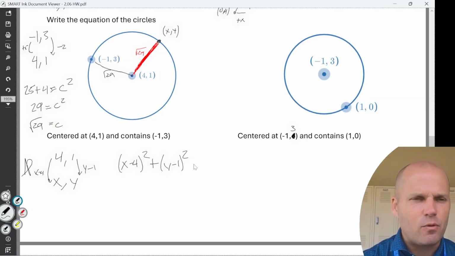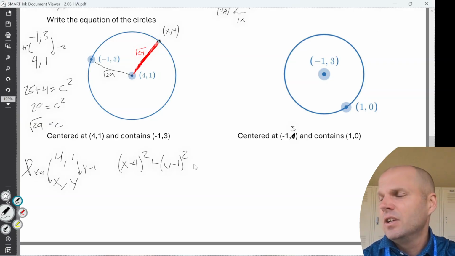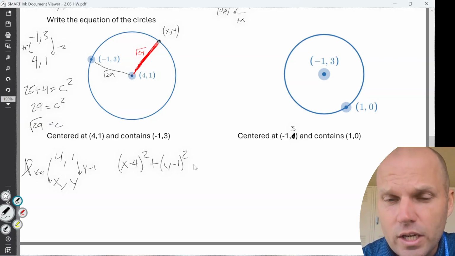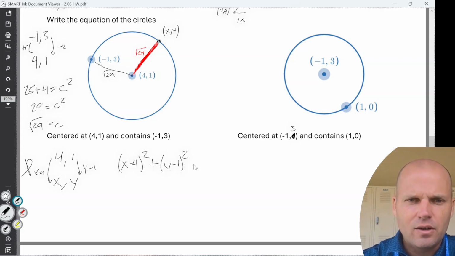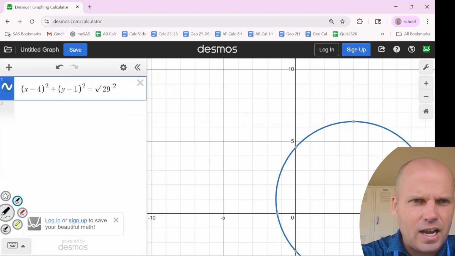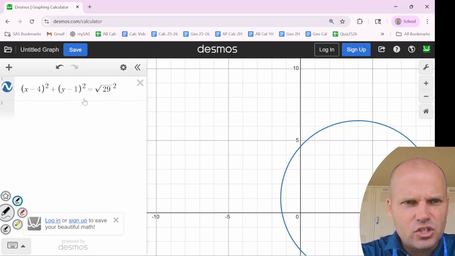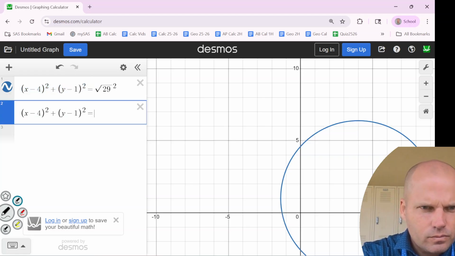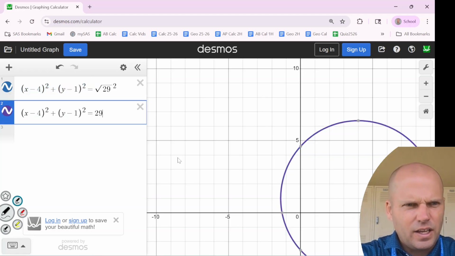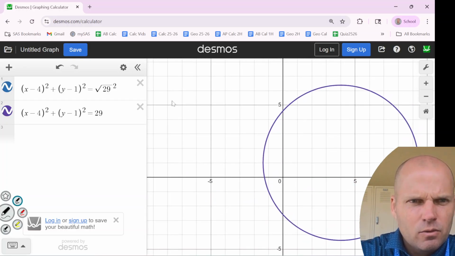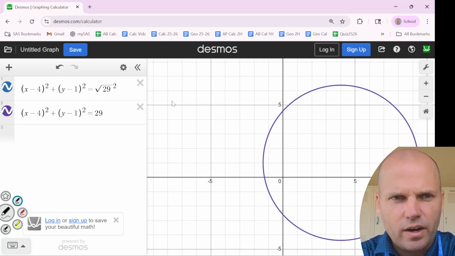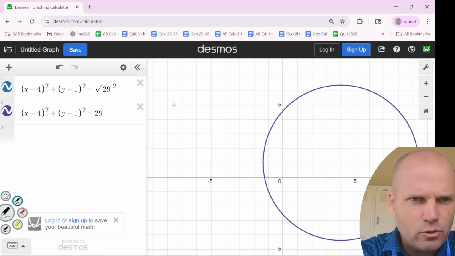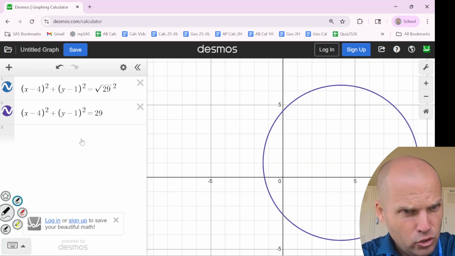And this is something that we might not understand, that root 29 times root 29, or root 29 squared, is just 29. Okay? Whether you have root 29 squared, or you know that root 29 squared is 29, you're good.